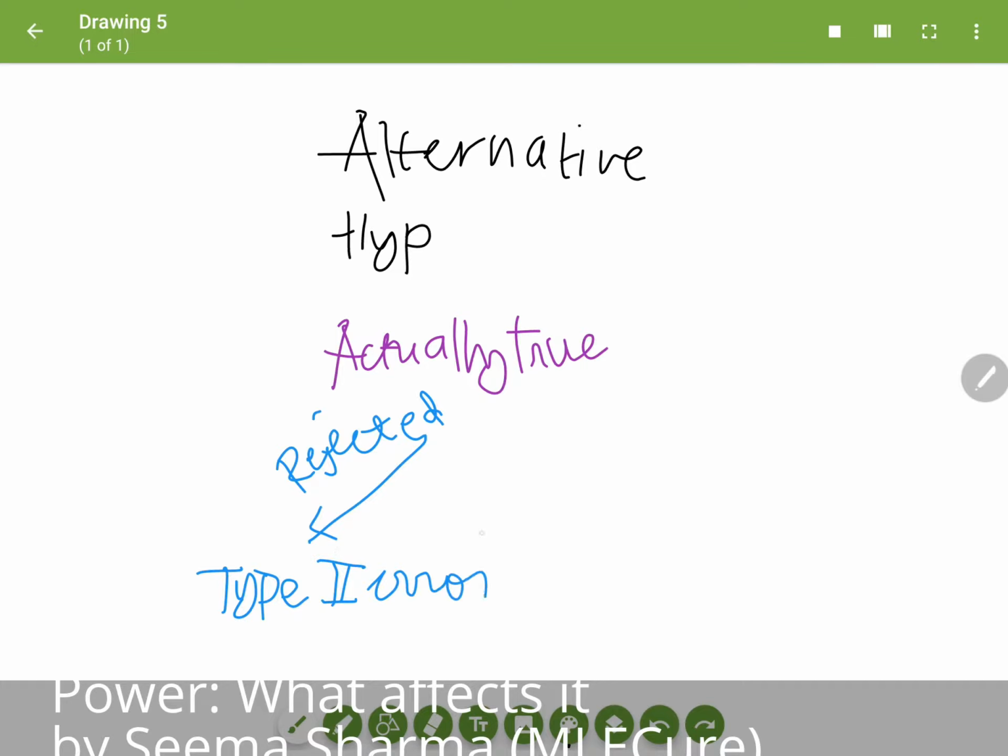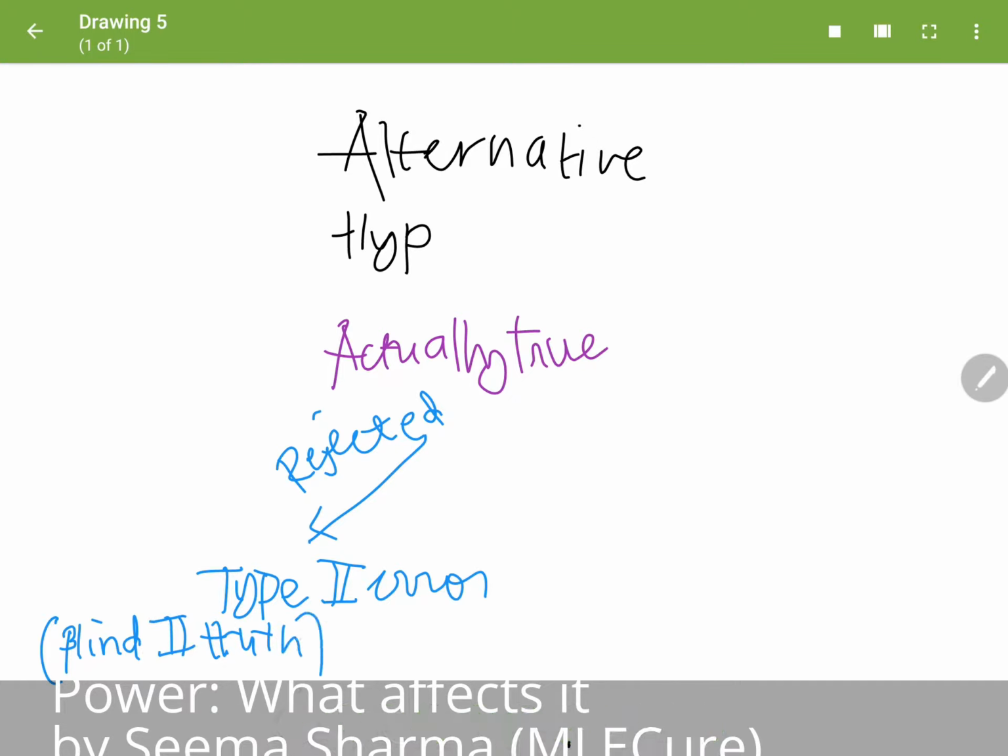And remember, in my previous lecture on type 1 and type 2, I said that you should remember this by blind to the truth.